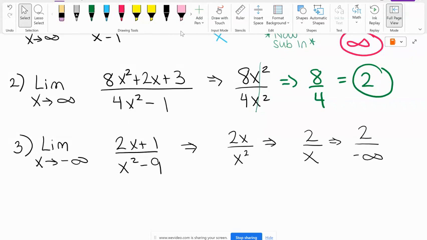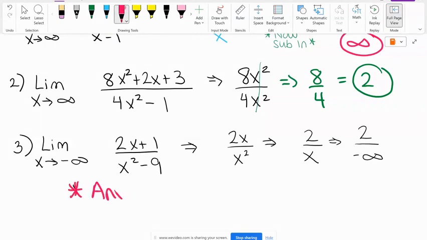Okay, so do this. Do 2 divided by negative 1,000. Not even that big. What do you get? Negative 0.002. What are we getting pretty close to? 0. That's the thing. Let's put a star here.